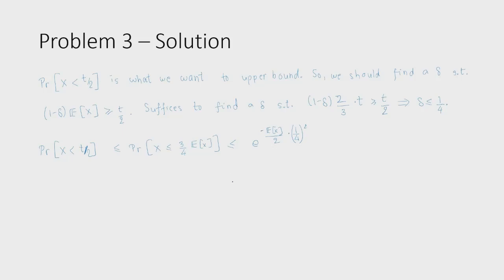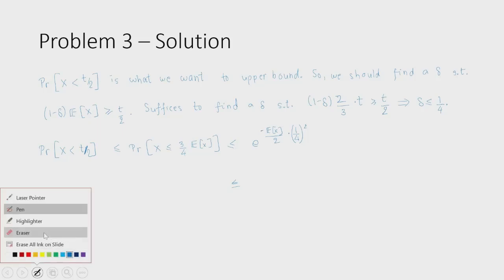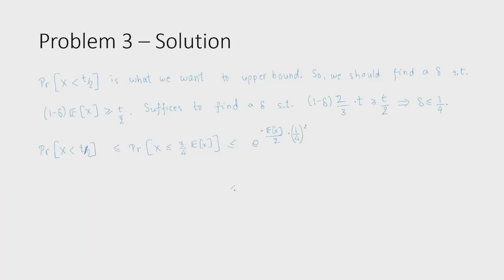And what is this? I know a lower bound on expected value of x. So if I put a lower bound on expected value of x, this quantity can only become larger.